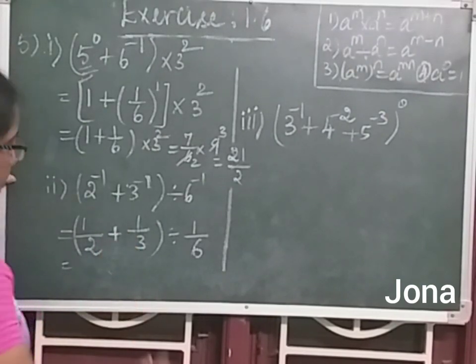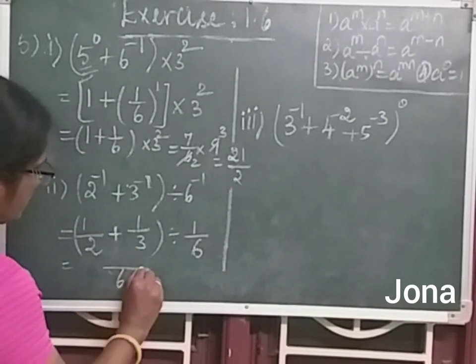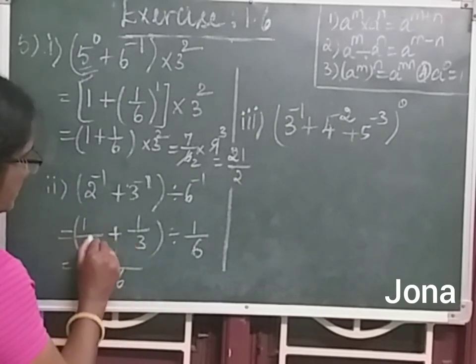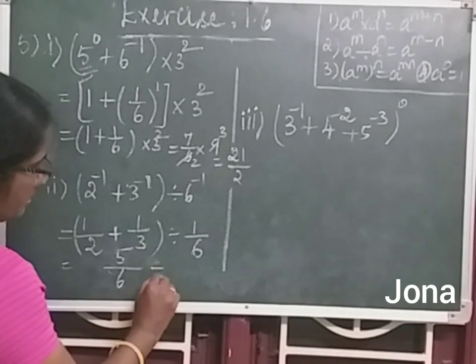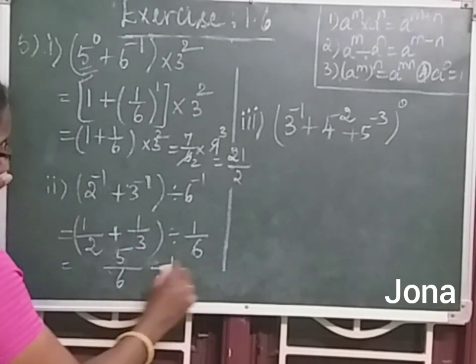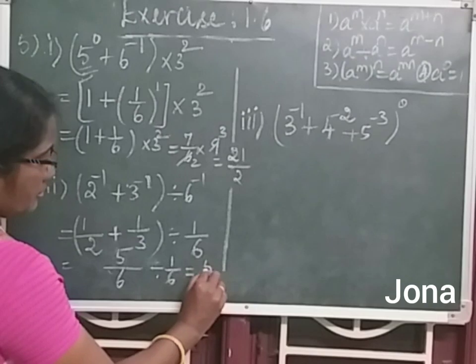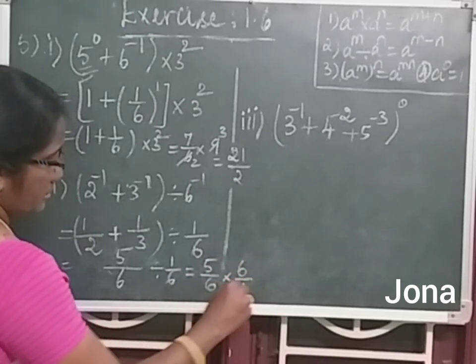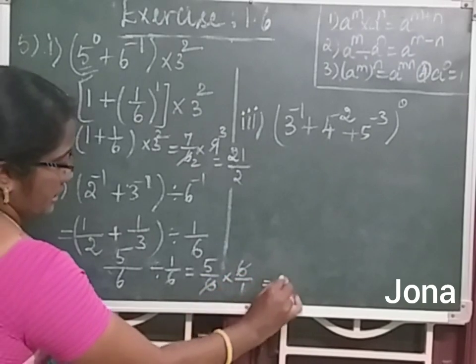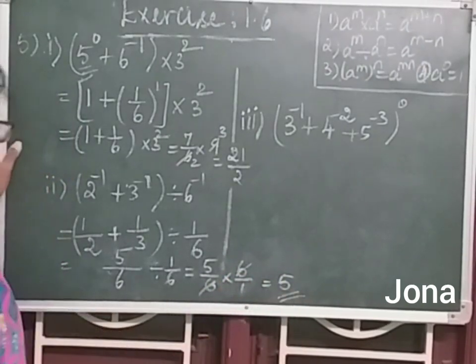So take LCM, here LCM is 6. Cross multiply that, 3 plus 2, that is 5, divided by 1 by 6. So I can write this as 5 by 6 into 6 by 1. So I can cancel these two, that is equal to 5. So the answer is 5.